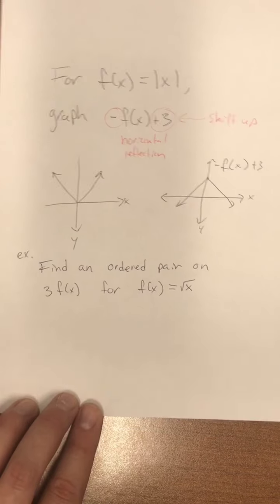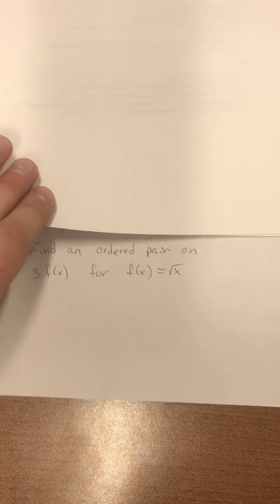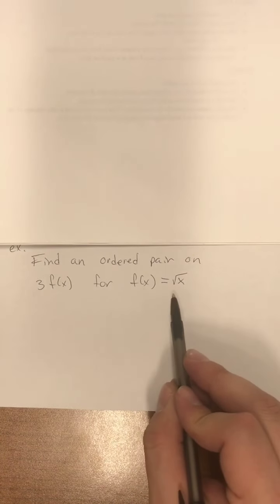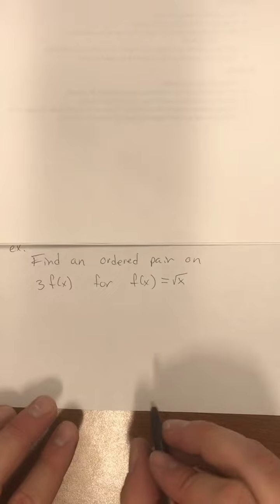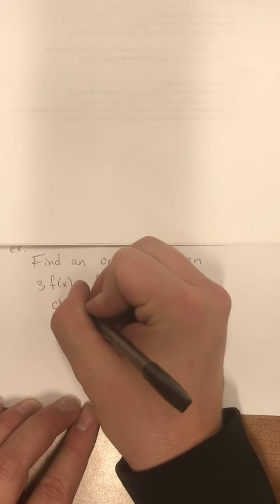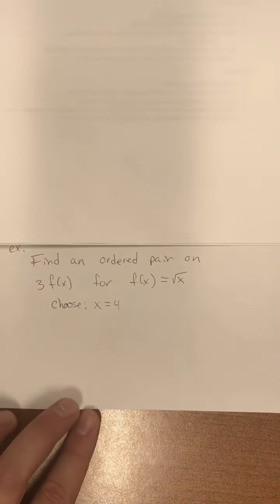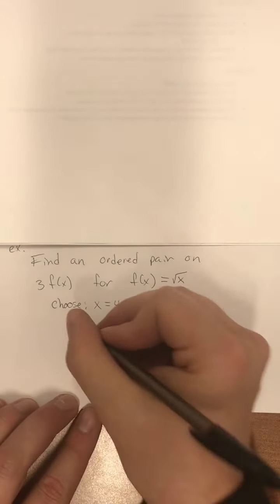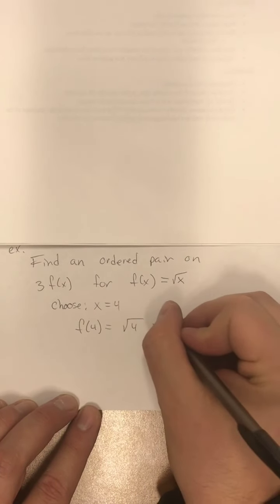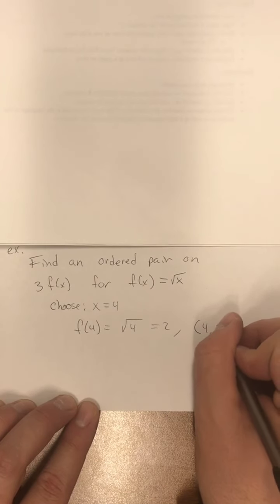Okay, let's take a look at this example. Let's find an ordered pair on 3f of x if f of x is the square root of x. So let's choose a value in our domain. X equals 4 is in the domain. So f of 4 equals the square root of 4, which is 2, and that ordered pair would be 4 comma 2.